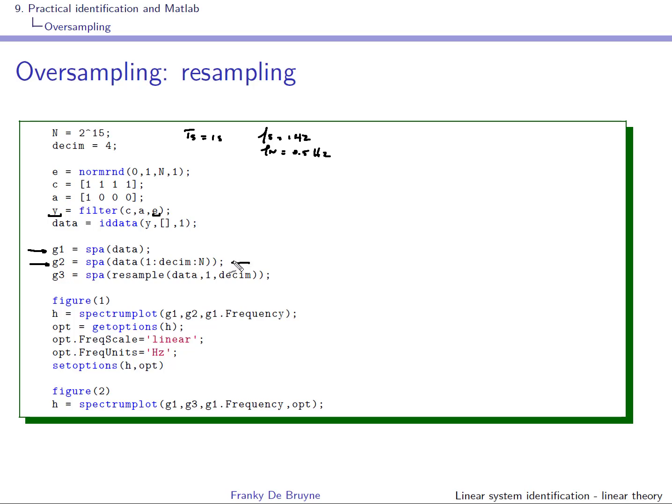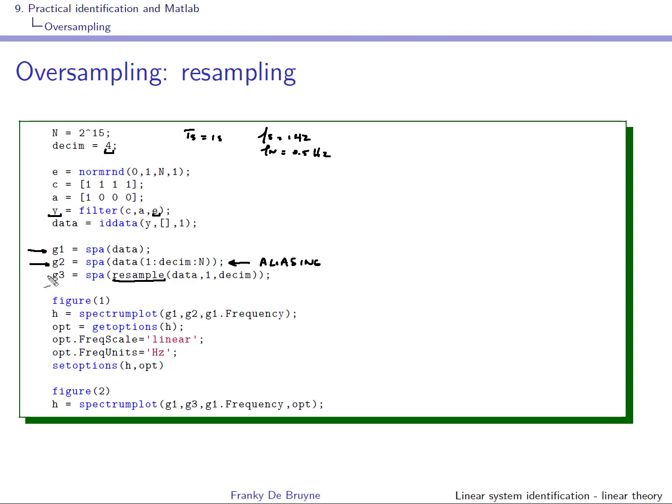So here you can expect aliasing, right? Here we do the resampling or the decimation in the proper way in this function. Before taking every Nth point, there is a low pass filtering that removes everything that is above the new Nyquist frequency. As you can see here, the decimation factor is 4.